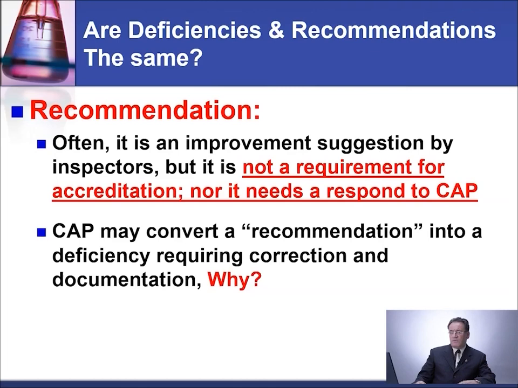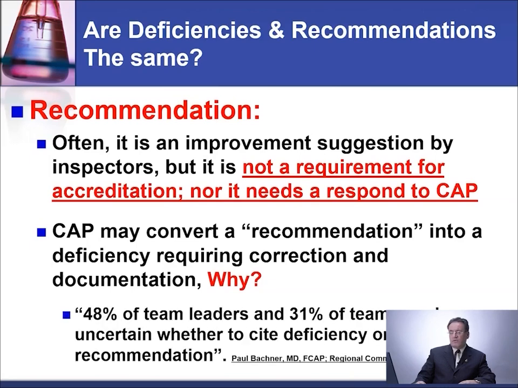CAB may, though, convert a recommendation to a deficiency requiring correction and documentation. Why? Because according to CAB surveys, 48% of the team leaders and 31% of the team members are uncertain whether to cite a deficiency or a recommendation.